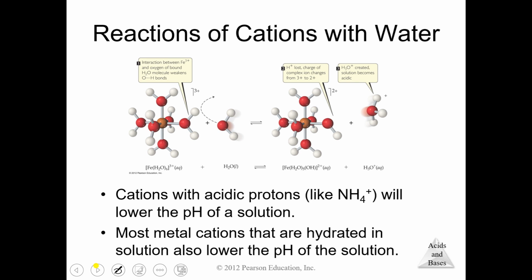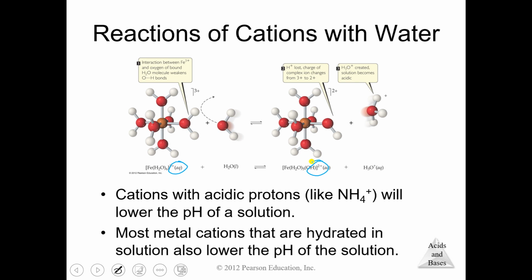So what's really going on here? If you look at this picture, what you can see is that this Fe(H2O)6 3+ becomes a 2+. We go from +3 to +2. That means at some point, something has happened. Has it gained or lost an electron?